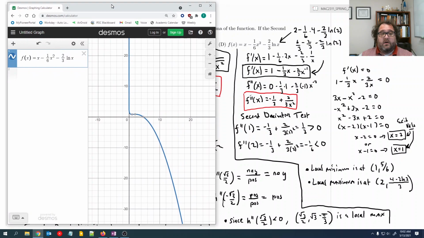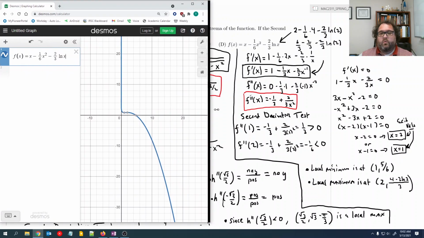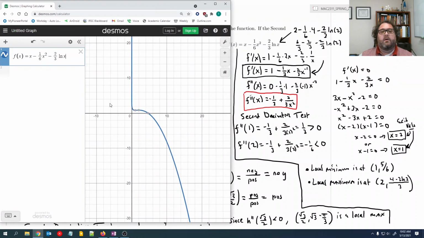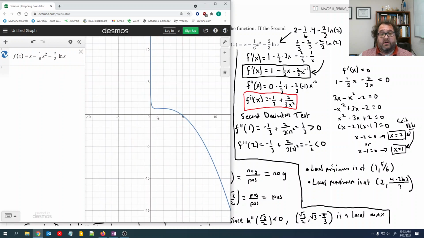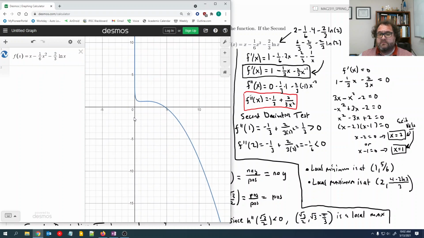And that's kind of the point of our curve sketching section that we're going to get to in a little while. We're going to take these functions that you and I both have no idea what they look like, but using calculus we can figure out a good graph by pulling together what we know about limits, what we know about the first derivative, and what we know about the second derivative.